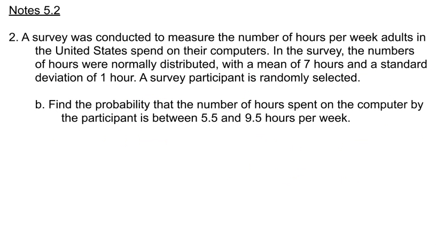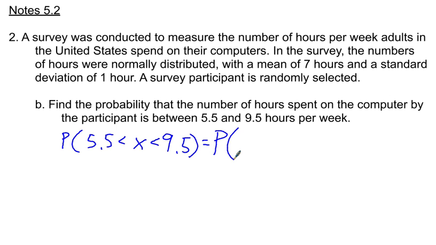In part B, we are finding the probability that the number of hours spent on the computer by the participant was between 5.5 and 9.5 hours. We have to standardize both of these values: 5.5 minus 7 divided by 1, and 9.5 minus 7 divided by 1.